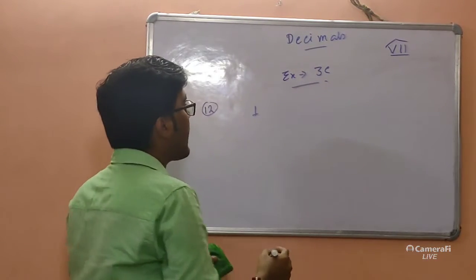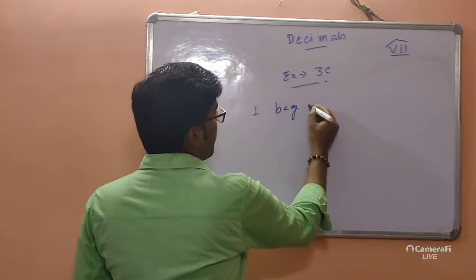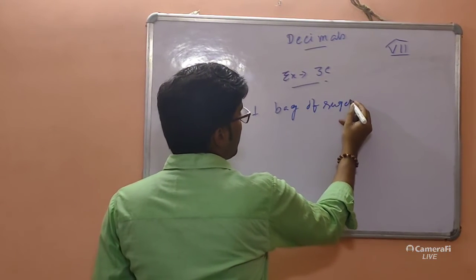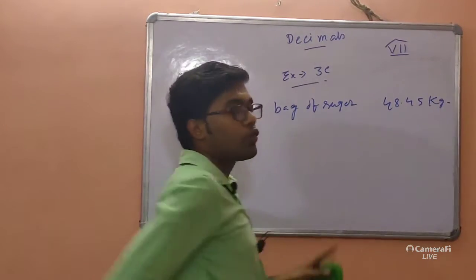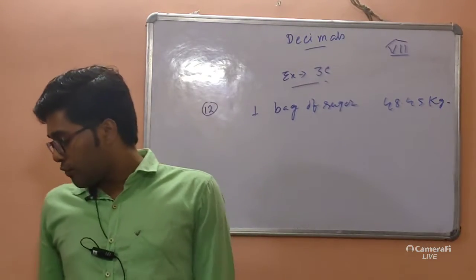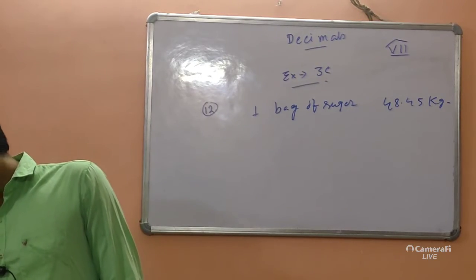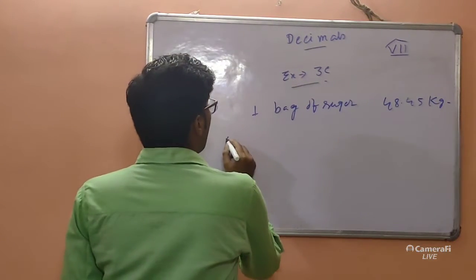One bag of sugar weighs 48.45 kg. What is the weight of 16 bags?